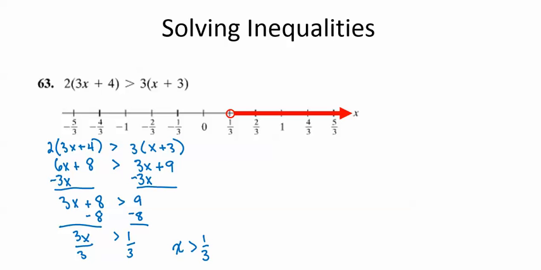And that will do it for the different types of examples that we will encounter in solving inequalities. Some basic examples, some where we'll have to multiply or divide both sides by a negative number, reversing the direction of the inequality. Some involving fractions, some involving the distributive property of multiplication over addition or subtraction.